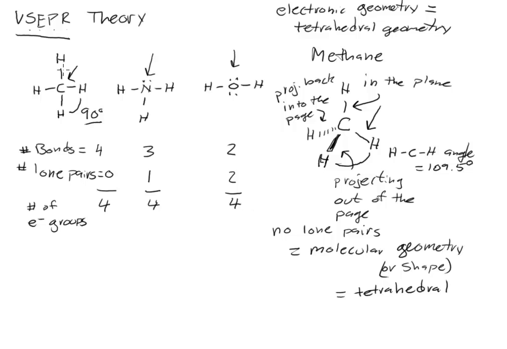So we see with the number of electron groups equals 4 and 0 lone pairs, we get tetrahedral molecular geometry and electronic geometry.